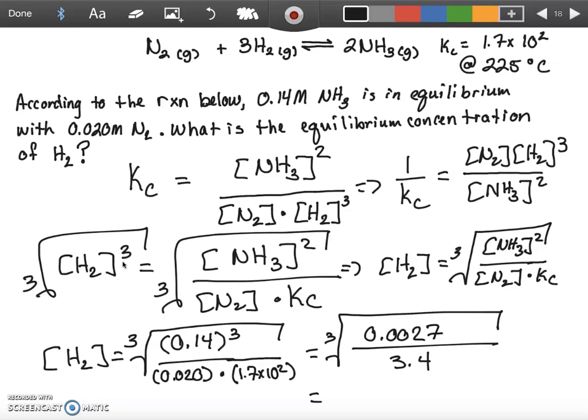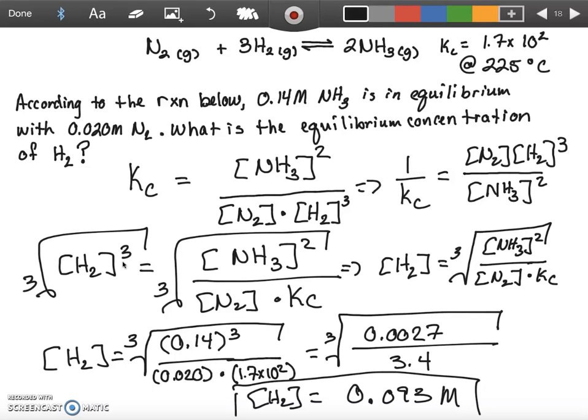If we divide those and take the cubed root, we end up with 0.093, that's the concentration of H2. Now I do need to have a unit with this one because I'm solving for the concentration of H2, and concentration is in units of molarity. Alright. So that's that problem there.